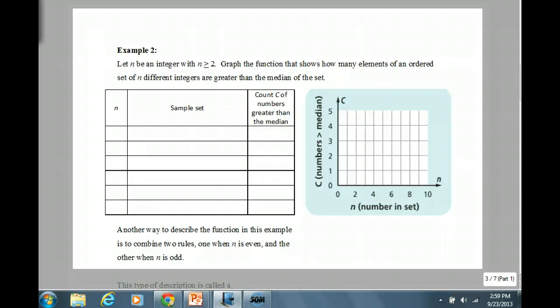On this one, we have n as an integer greater than 2. Graph the function that shows how many elements of an ordered set of n different integers are greater than the median of the set. Okay, so I'm going to give you some sample sets right now. We're going to start with 2 numbers in the set, and that's going to be a 2 and a 5. 3 numbers in a set, and really you guys could put any number in here. 4 numbers in a set.